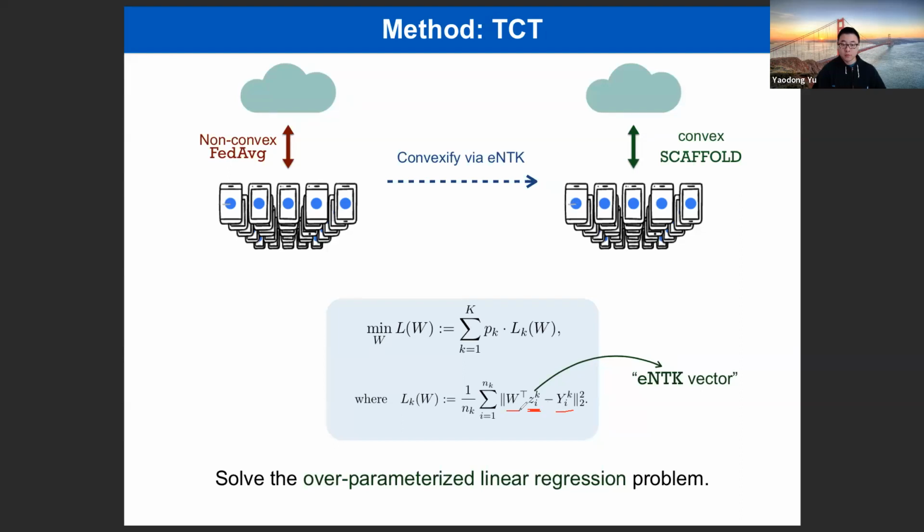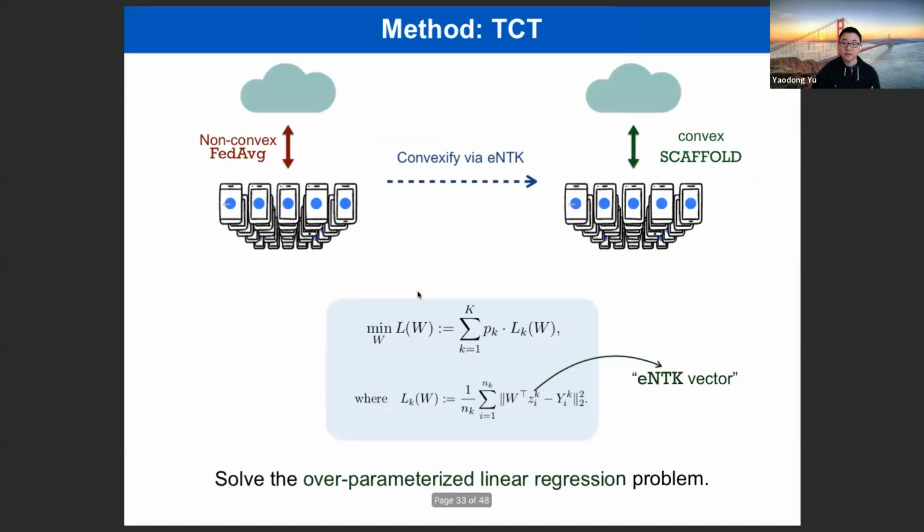Then we optimize one linear model across all the clients to solve this overparameterized linear regression problem. To make predictions, you take this linear model, get a K- or 10-dimensional vector, and then take the max, and that's your classification prediction.